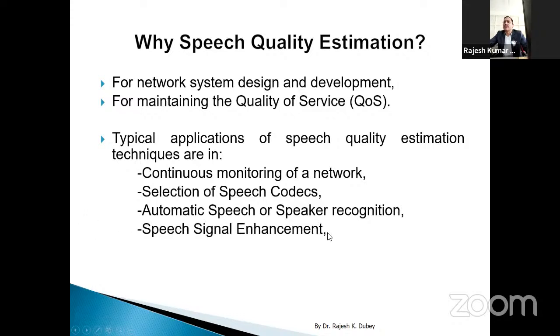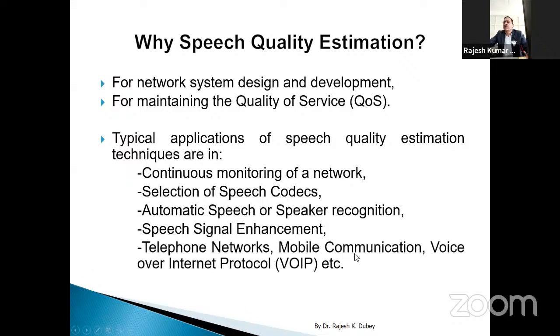Speech enhancement is needed if quality is below the threshold. For telephone networks, mobile communication, and voice, everywhere there is a requirement to measure speech quality, whether it is up to the level or degraded. If degraded, speech enhancement is needed.